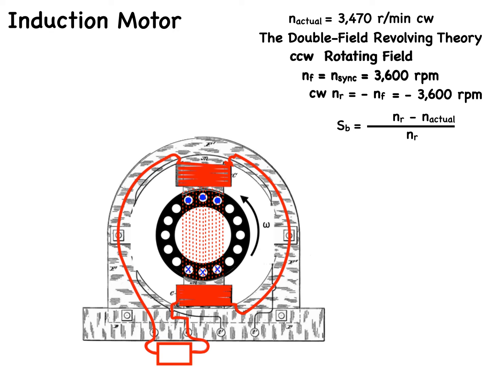Substituting the actual values, we get minus 3,600 minus 3,470 divided by minus 3,600, which reduces to minus 7,070 divided by minus 3,600, and that equals 1.9639.